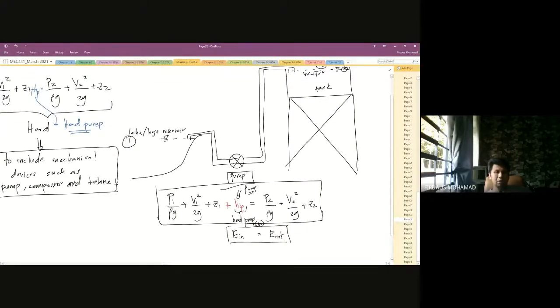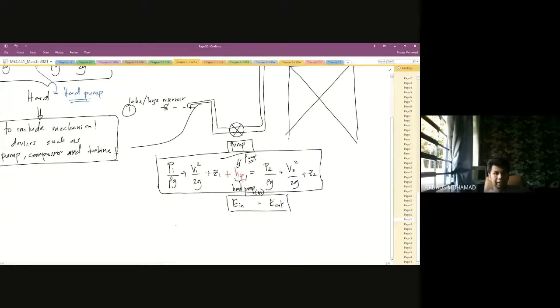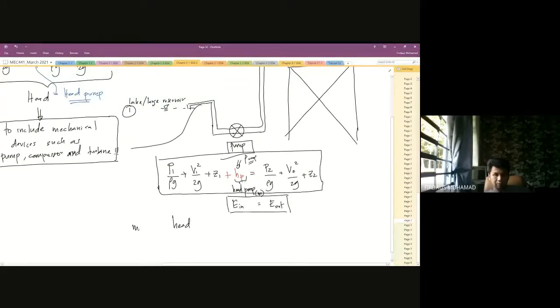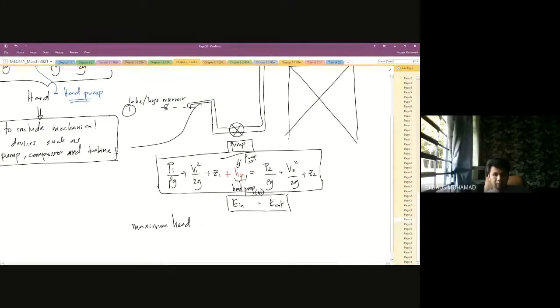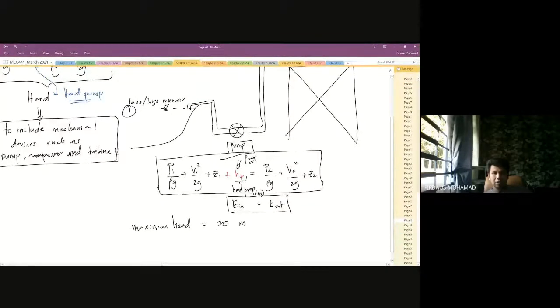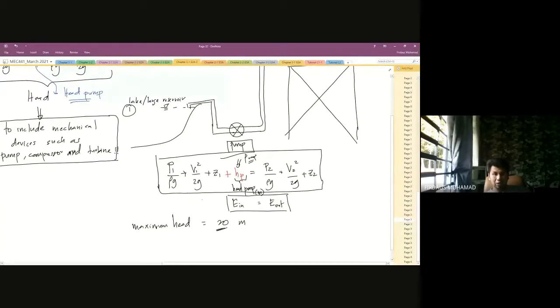It is common that if you buy a pump, it will specify a head, for example a maximum head of 20 meters. So this defines the total head for the pump based on the Bernoulli equation.